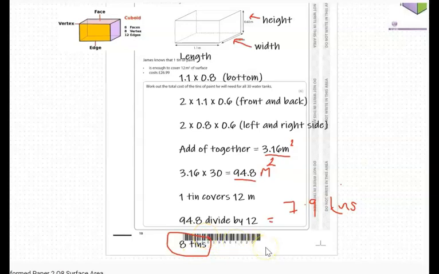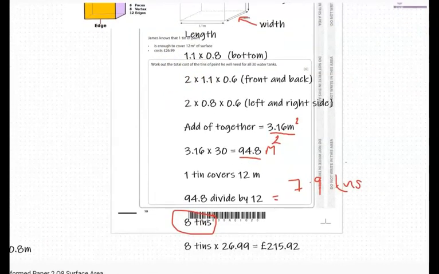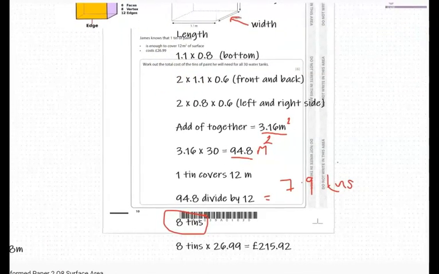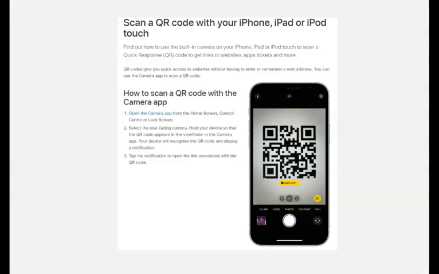We now know that they are £26.99 each. We need to work out the total cost. So 8 times £26.99, the total cost will be £215.92.